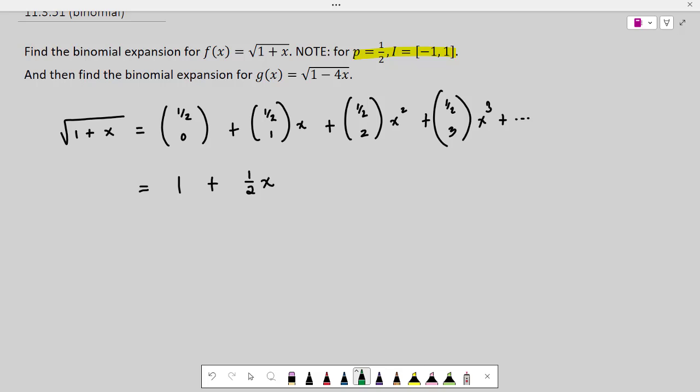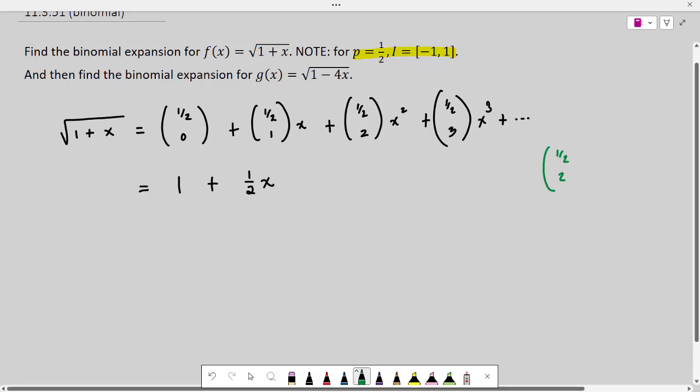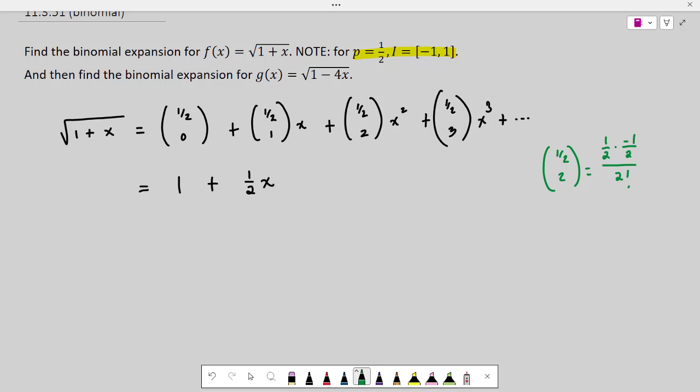And then for 1/2 choose 2, we start with the 1/2, we subtract 1, and we keep subtracting 1 repeatedly until we get k factors. K is the lower number.